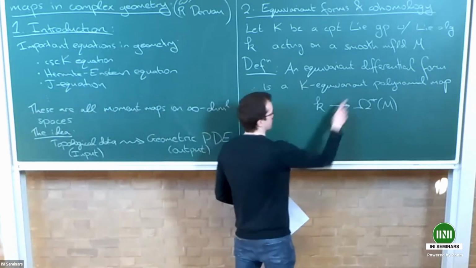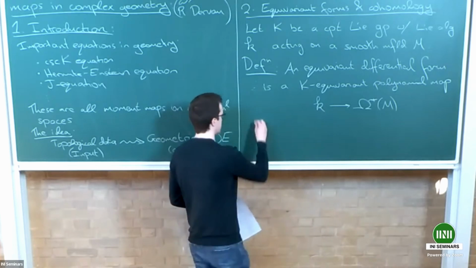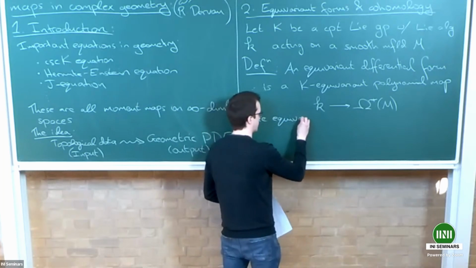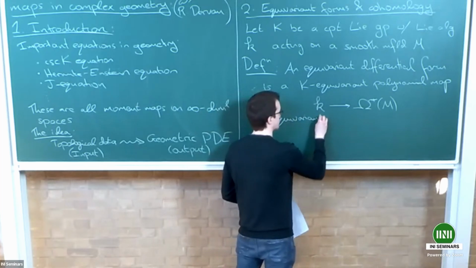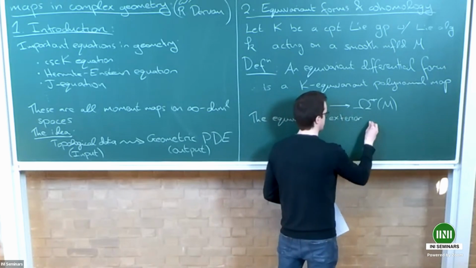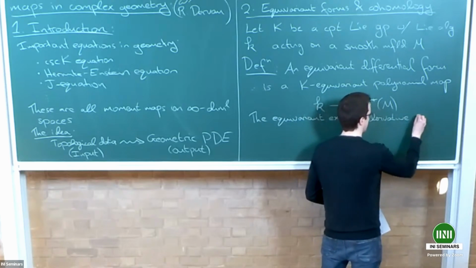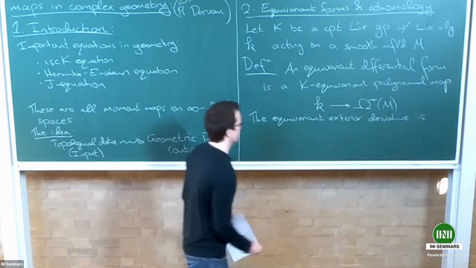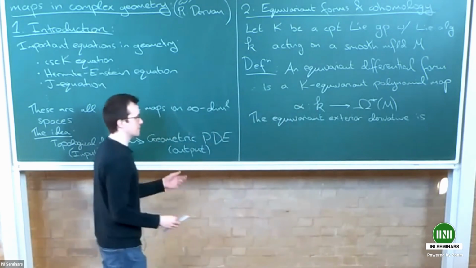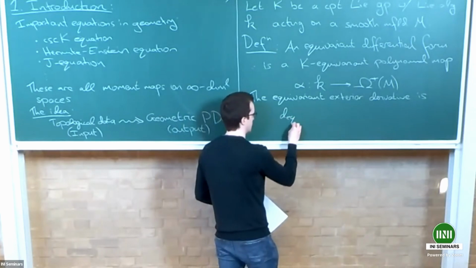On equivariant differential forms, we have an equivariant exterior derivative. So let me say I have an equivariant differential form alpha. I would define d_K of alpha.